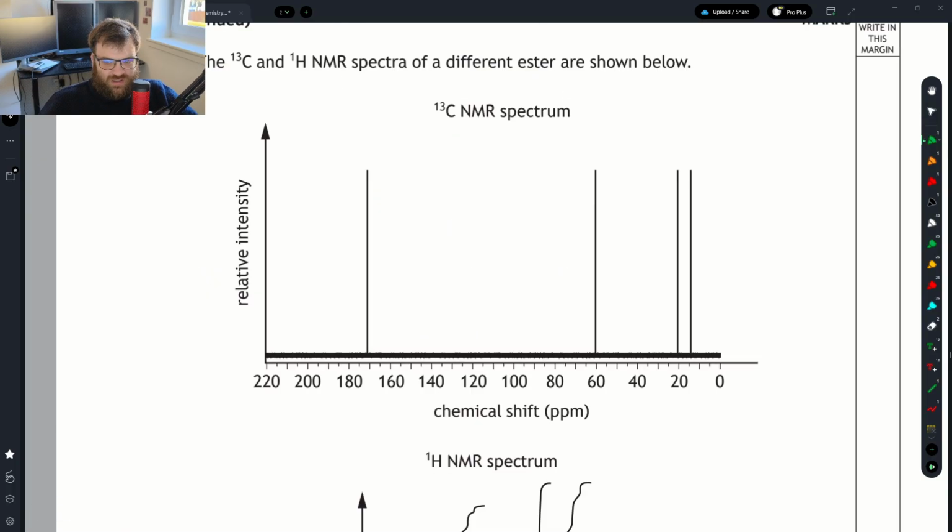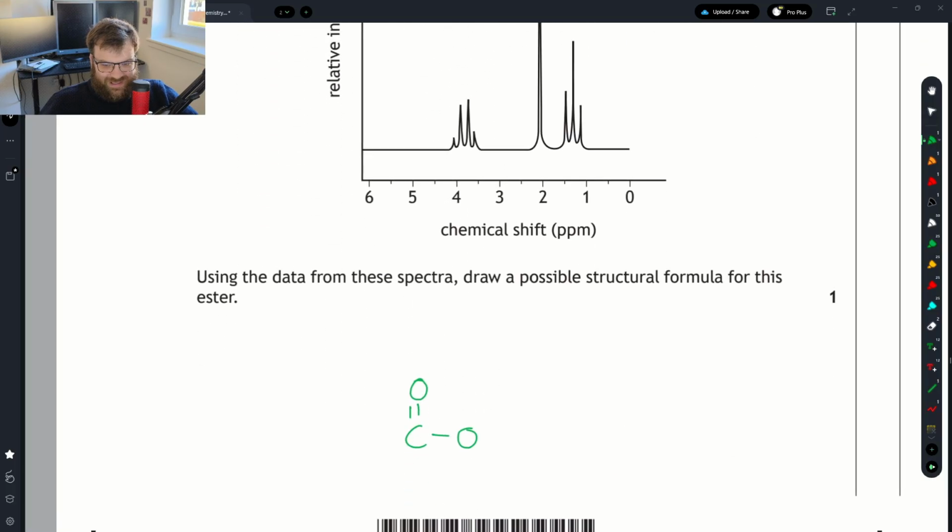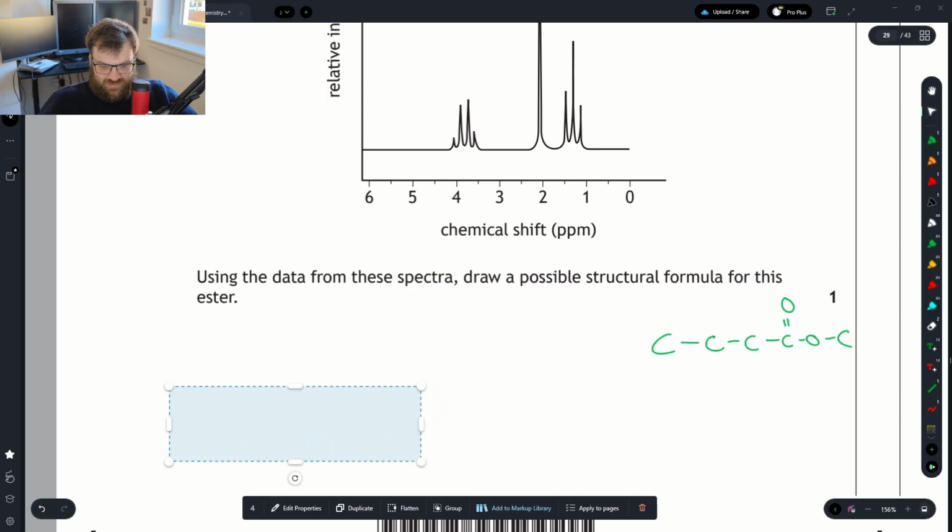If there are 4 carbon environments, it's likely there are going to be 4 carbons. Then your 2 main options would be something like 2 carbons on either side, or 3 carbons on one side and then your double bond O with 1 carbon on the other side, like that.